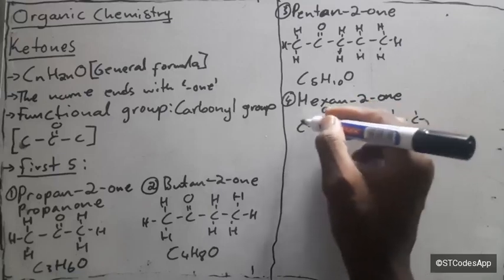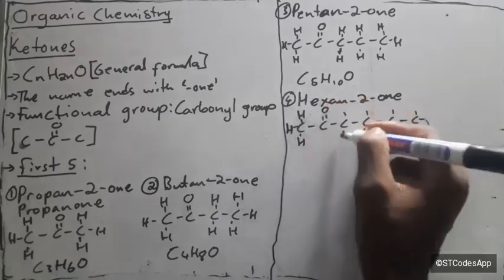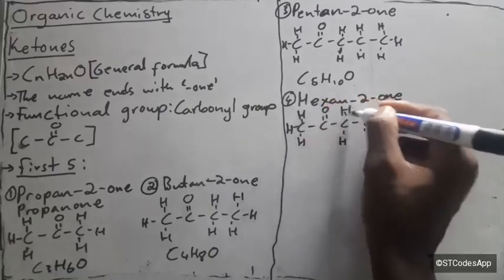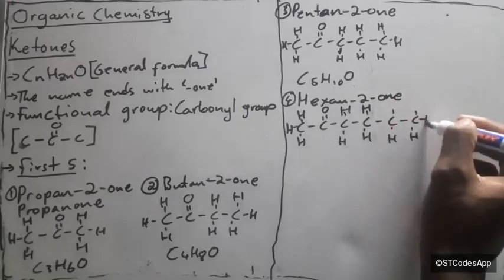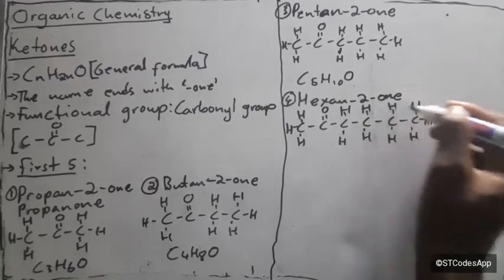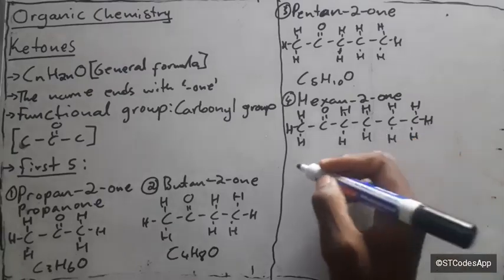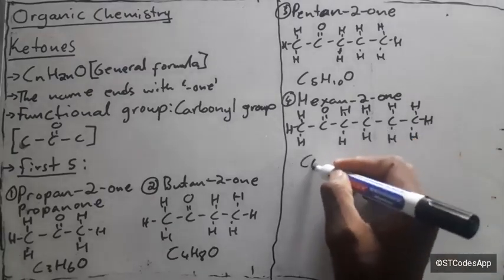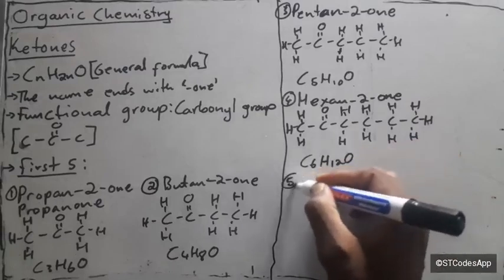Double bond over here. There. This is hexane 2 or 2,1. A ketone. It's C6H12 and an O.